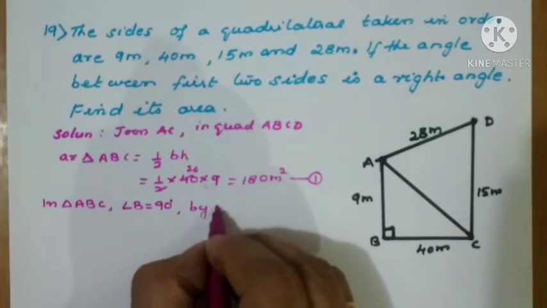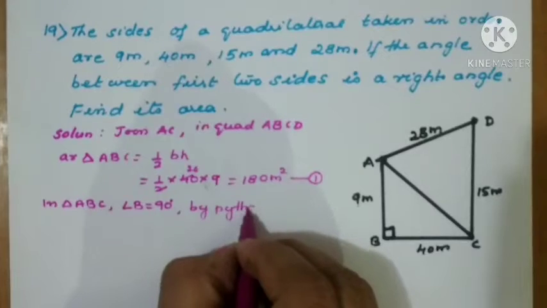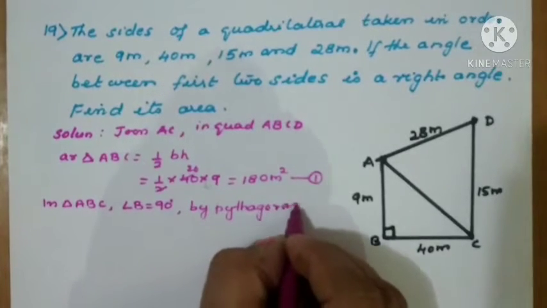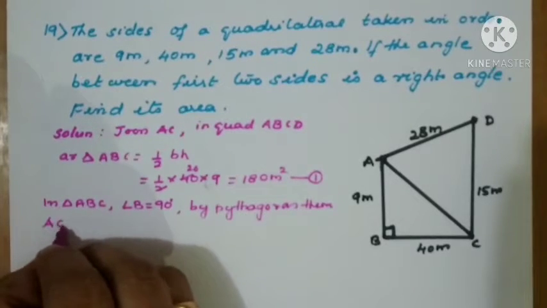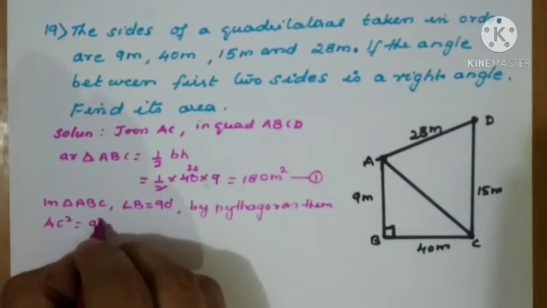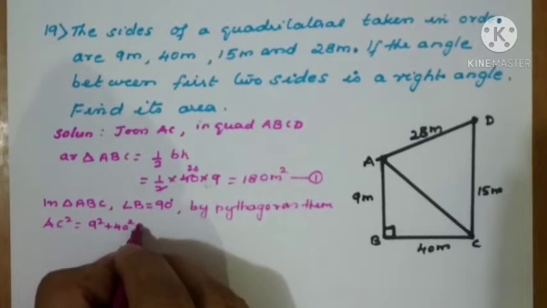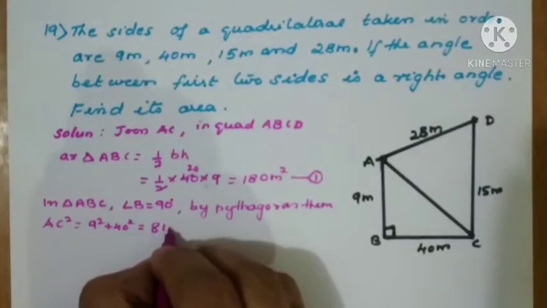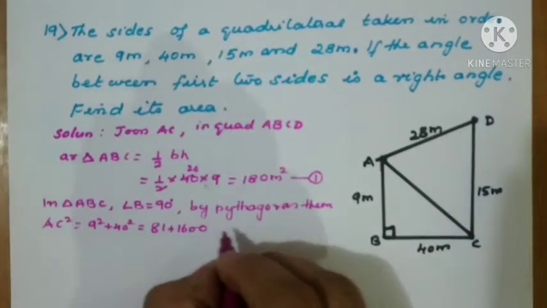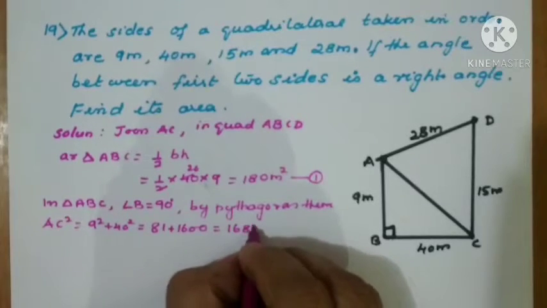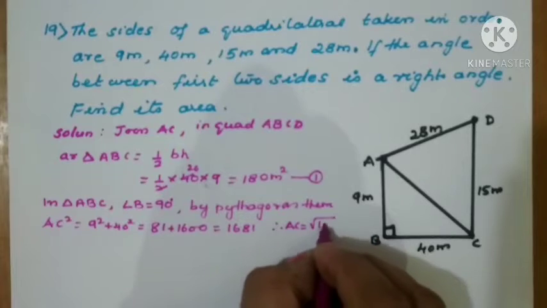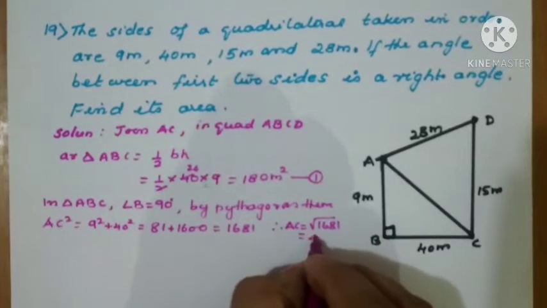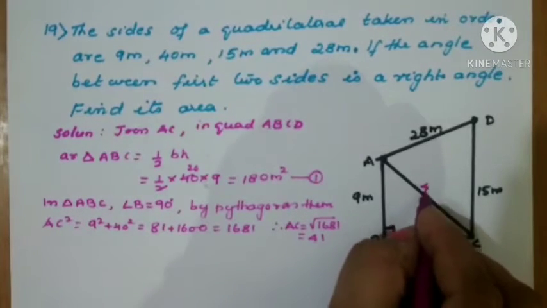By Pythagoras theorem, AC square equals 9 square plus 40 square equals 81 plus 1600 equals 1681. Therefore, AC equals root 1681 equals 41. So we got 41.